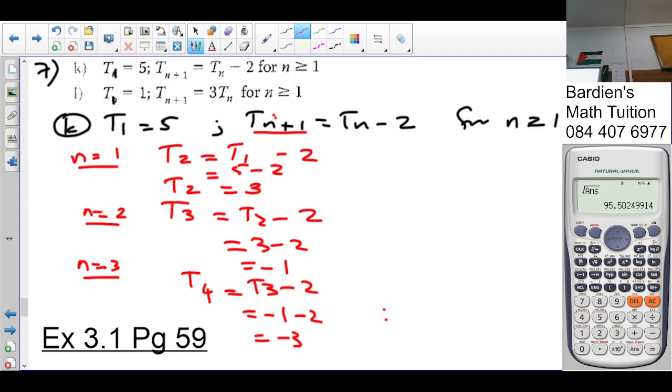So therefore, what's my sequence? Your first term is 5. Where do I get that from? From here. Your term 2 is 3. Term 3 is negative 1. Term 4, negative 3.